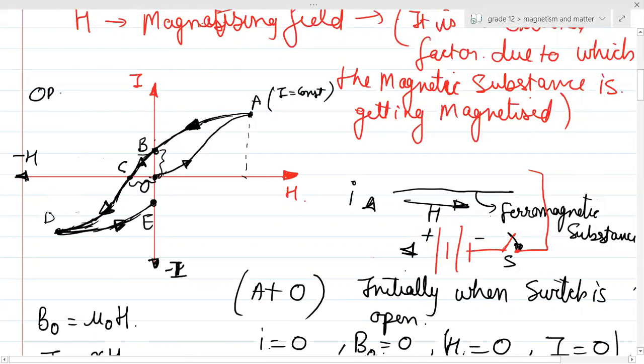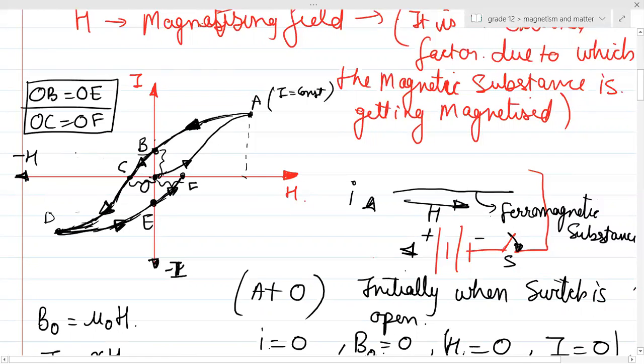OB and OE are equal in magnitude, but opposite in direction. Then you will keep on decreasing the magnetic field. It will reach point F. Can you see OC and OF are equal? So can you see the whole thing is getting repeated, but in the opposite direction, and then it will keep on increasing. It will become something like that. Is this clear, guys?